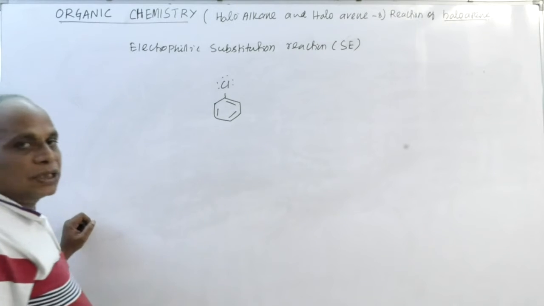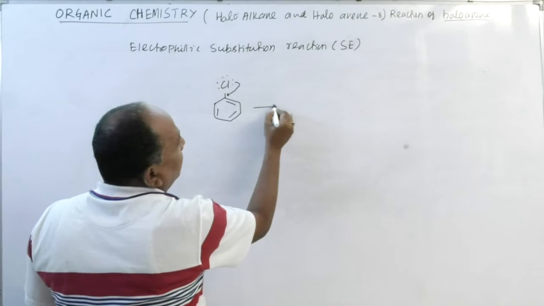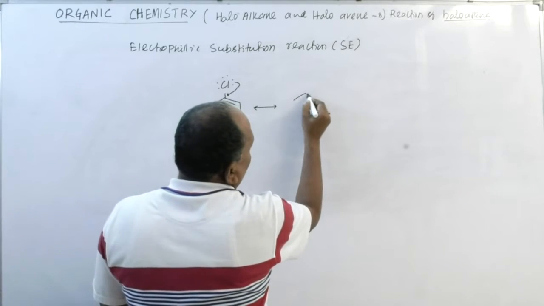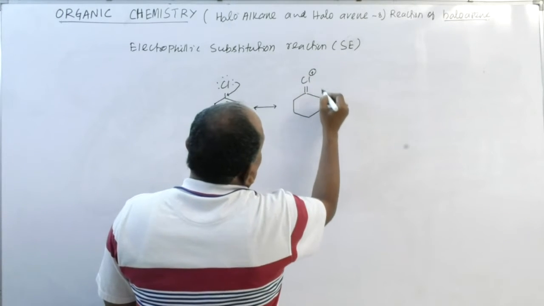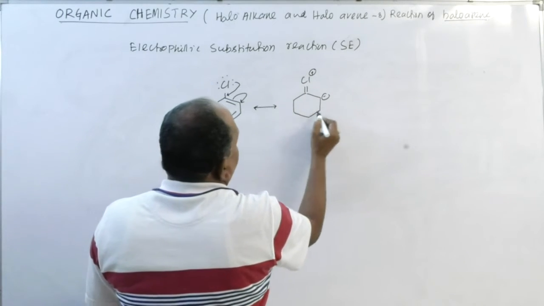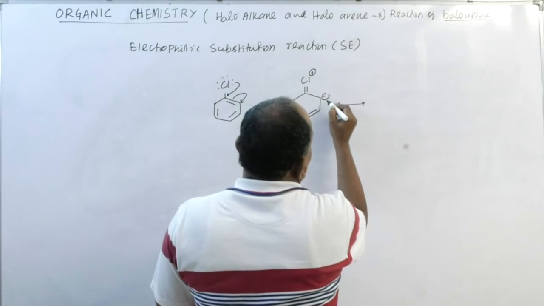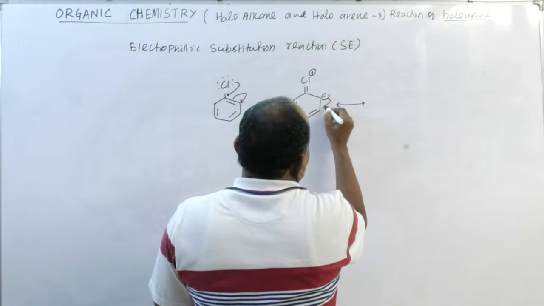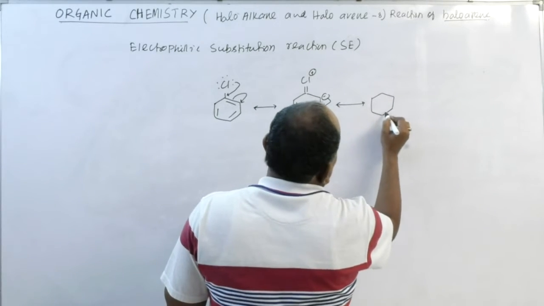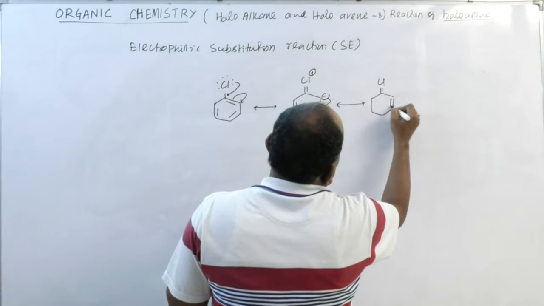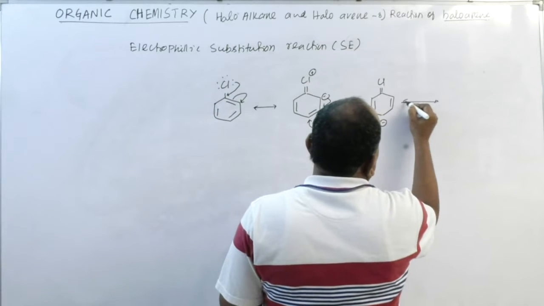Chlorobenzene can exhibit resonance structures, and due to resonance it can give different resonating structures, and another resonance structure, and another resonance structure.